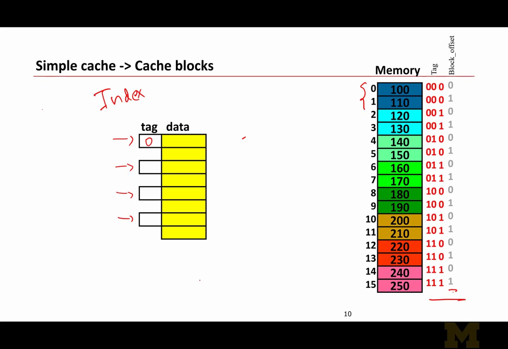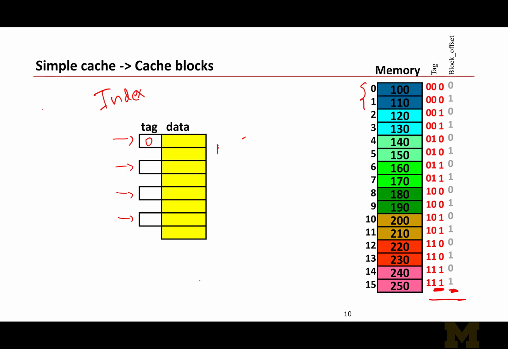And we have already used up 1 bit for the block offset for this example. Now maybe I can use the next few bits as the array index, right? So in this case, I have 4 cache lines, 1, 2, 3, and 4, right? So maybe I need 2 bits then. So if I have 2 bits from my address, I can then use that as an index to determine which of these 4 cache lines I should use to store a given cache block.